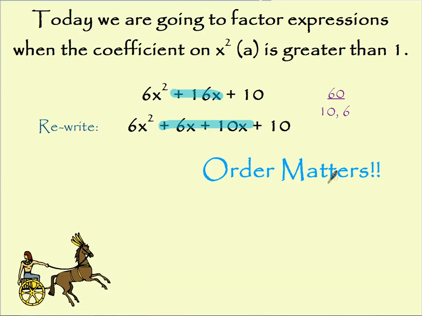Now, order kind of matters here. The reason I put the 6x first and the 10x second is because 6x squared and 6x have a common factor of 6, and 10x and 10 have a common factor of 10. I want to try to keep terms with common factors together. I'll show you why in just a second.